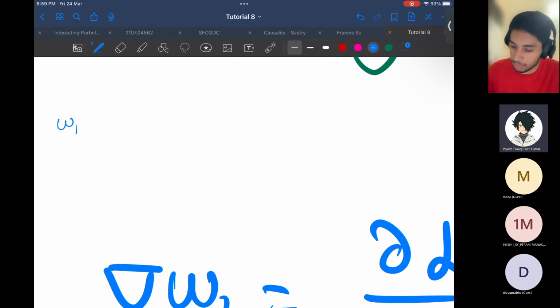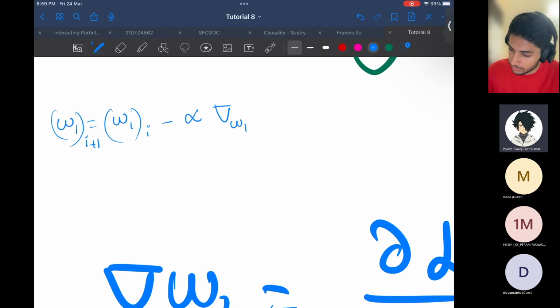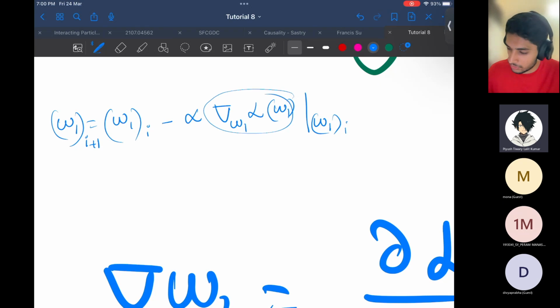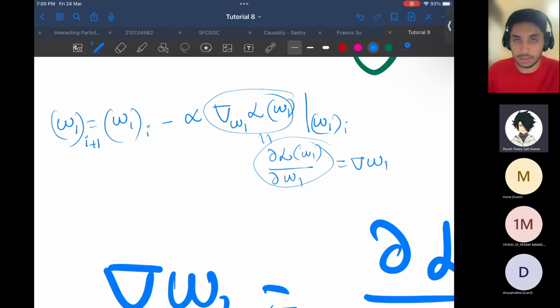The way we will update W1 is like this: W1 at the (i+1)th iteration is W1 at the ith iteration minus alpha times the gradient of L with respect to W1, evaluated at W1 at the ith iteration. This thing is del L by del W1. This is what we term as the gradient with respect to W1. It is nothing else.